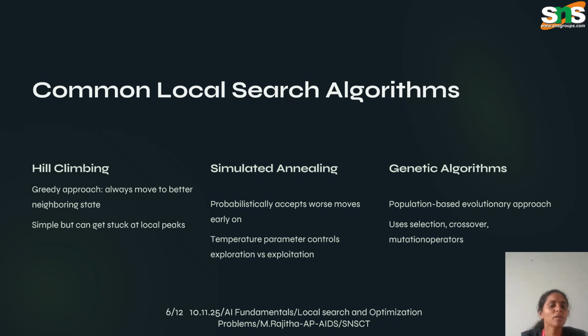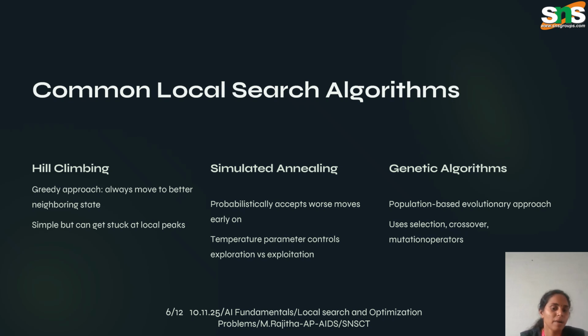So a common local search algorithm is hill climbing. Always move to a better neighbor. Fast but can get stuck at a local peak. Analogy: climbing a small hill thinking it is the tallest mountain. Simulated annealing sometimes accepts worse moves to escape local traps.